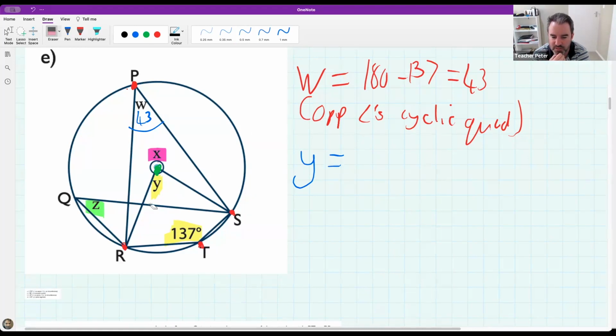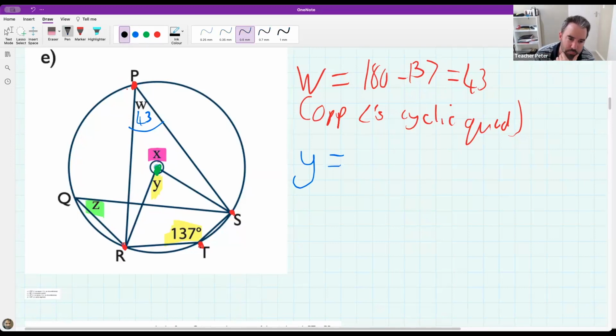Cullen, I know you want to help us. Tell us your thinking. Help your classmates here. Okay, Buchler has said, angle at center is twice the angle at the circumference.